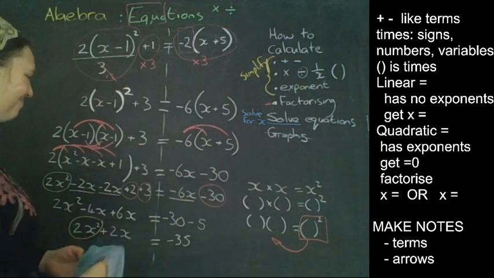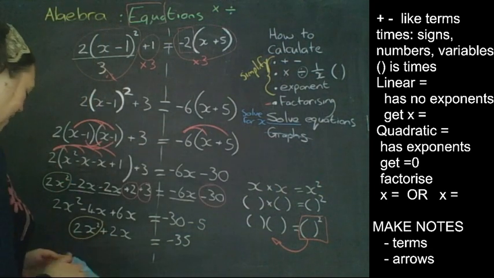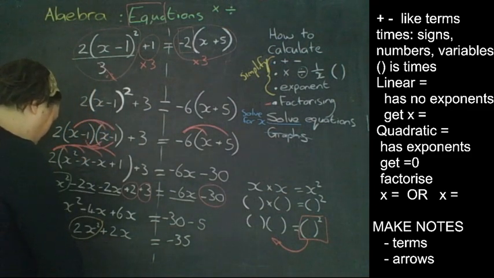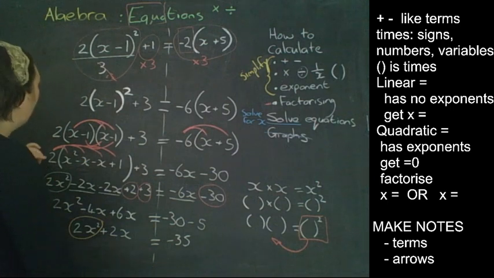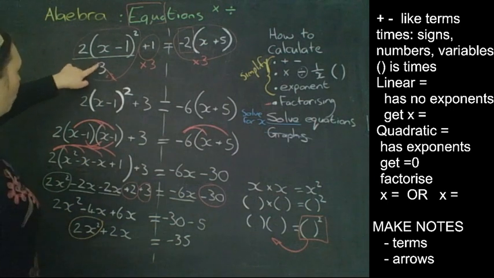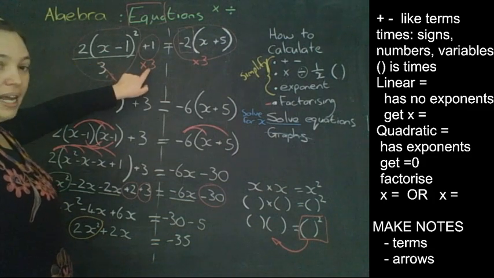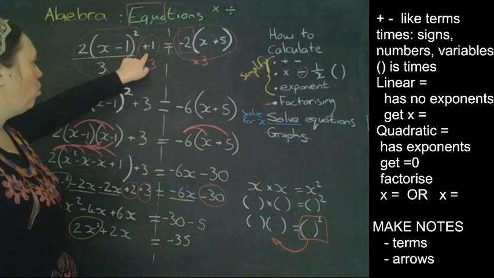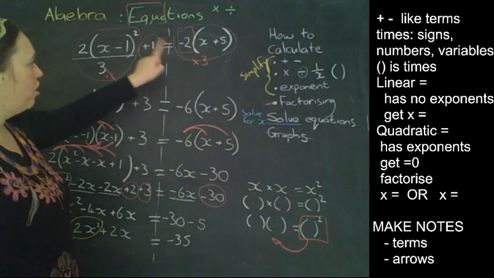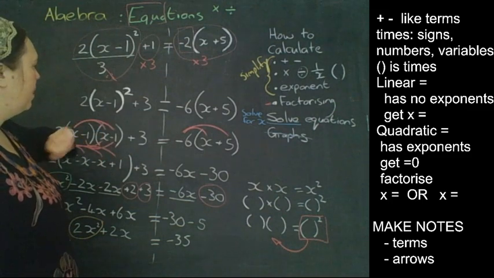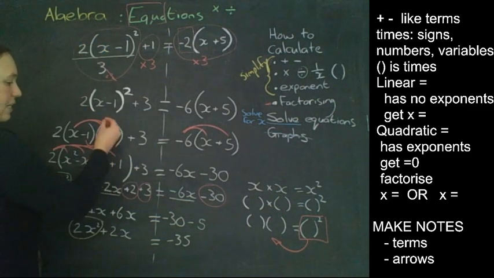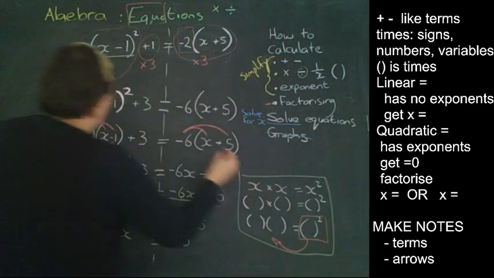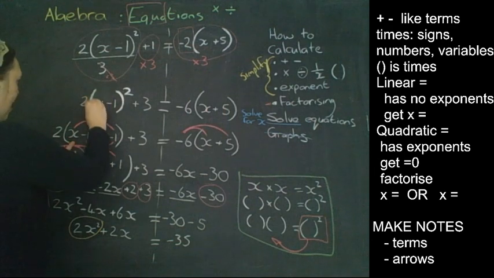Alright, I just wanted to recap quickly because there were a couple of important things here. First of all, we got rid of this fraction and we said remember to multiply it with all the terms, not just once on the other side. The other important thing is, if we've got a bracket squared, we break it up into 2 brackets.